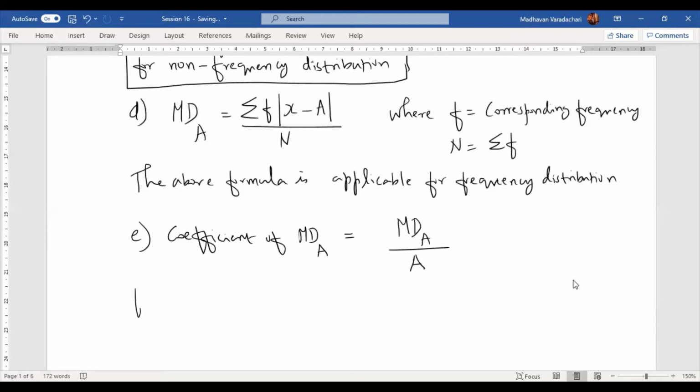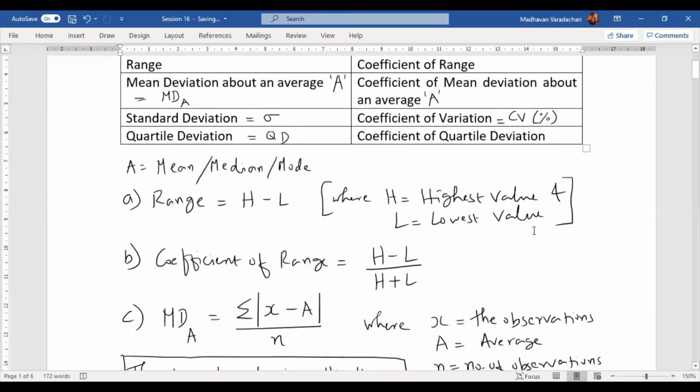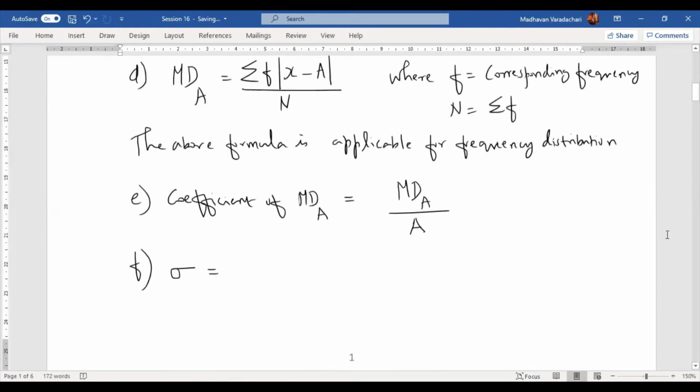Then the next formula is for standard deviation, sigma. I wrote already here, standard deviation is denoted by sigma. First, we will write the formula for a non-frequency distribution. It will be the square root of summation of x minus x bar, the square, divided by small n.